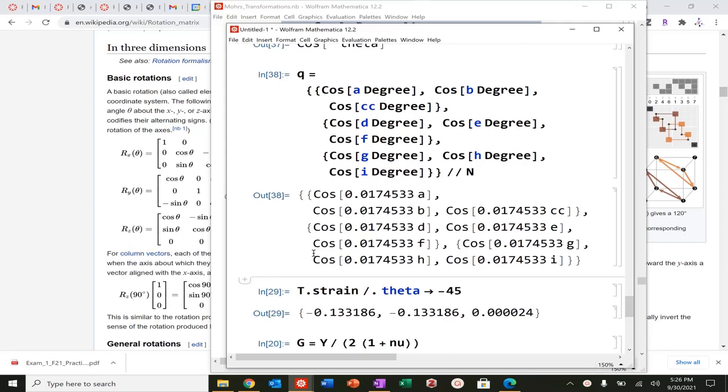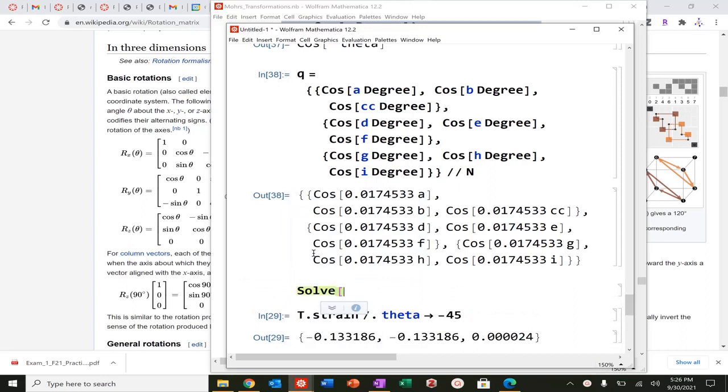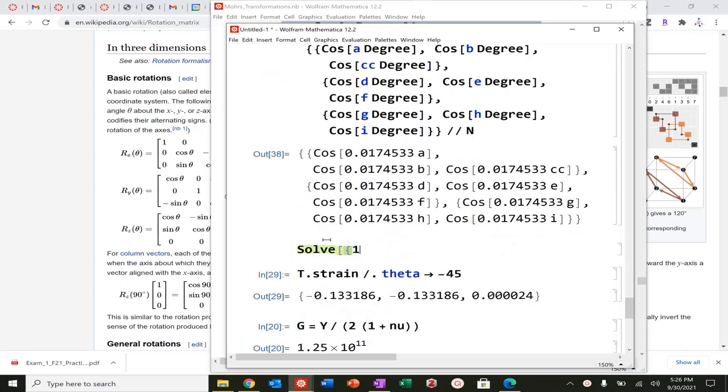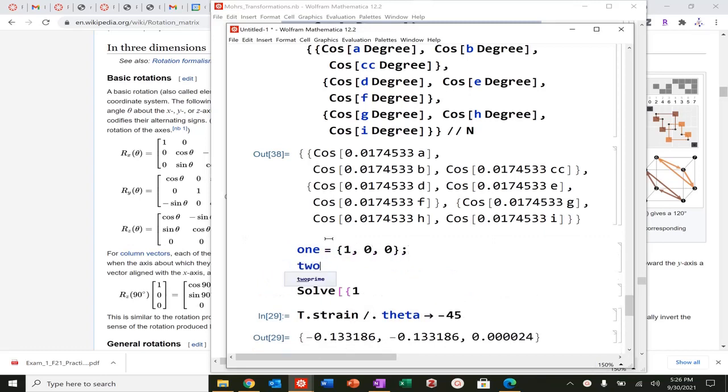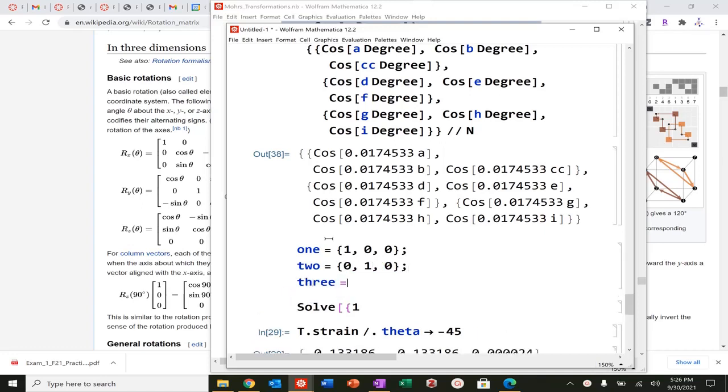So I'm going to solve for the angle between, I'm going to call this 1 equals 1, 0, 0, my 2 equals 0, 1, 0, and my 3 is equal to 0, 0, 1. Those are my usual Cartesian coordinates.